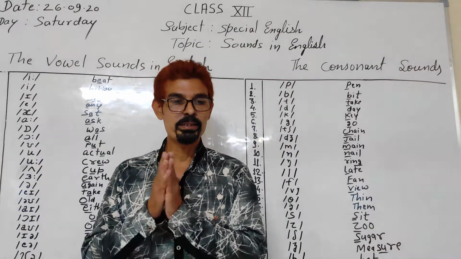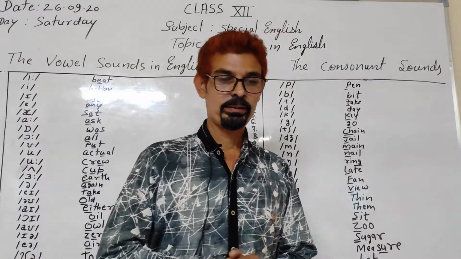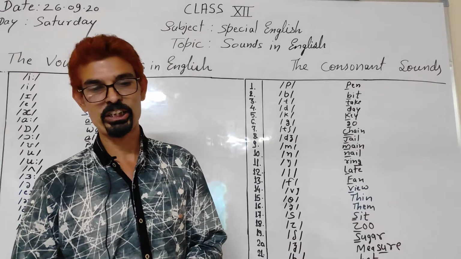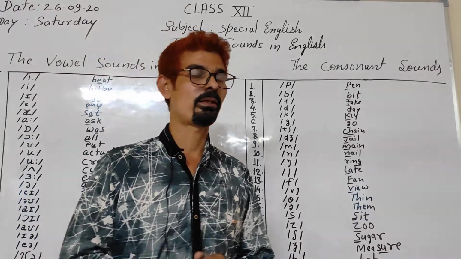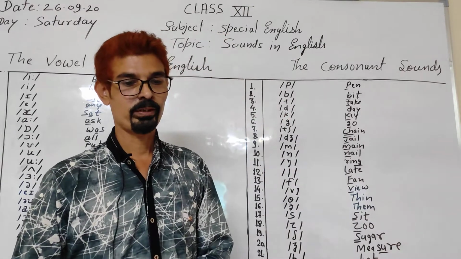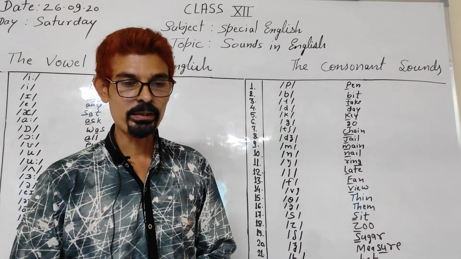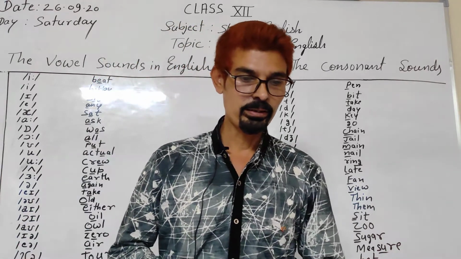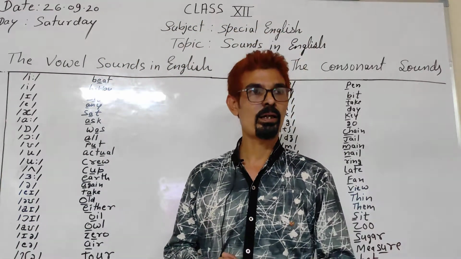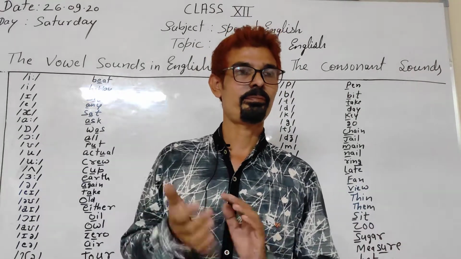If we say it in simple words, phonetics is the study and classification of speech sounds. As you know, there are 26 letters in the English alphabet, but there are 46 sounds in English.